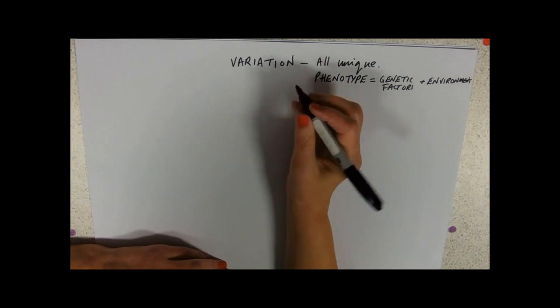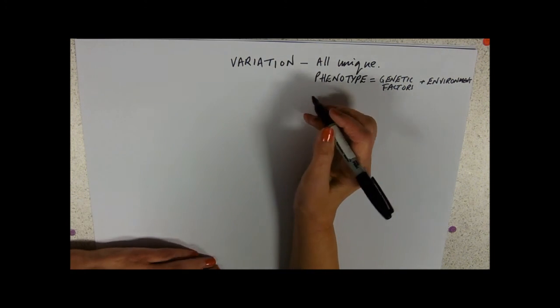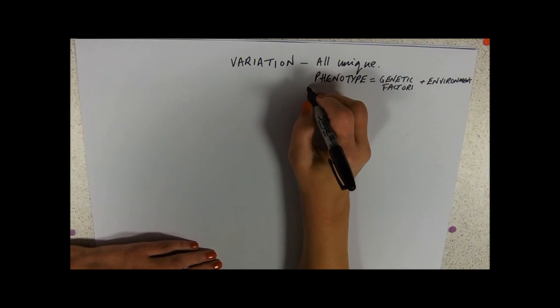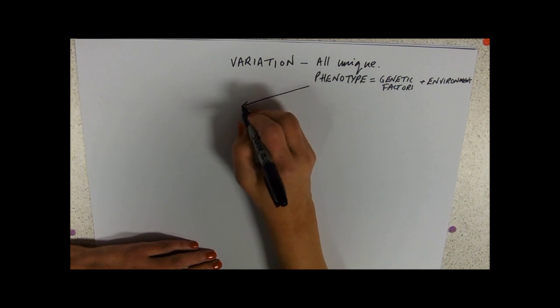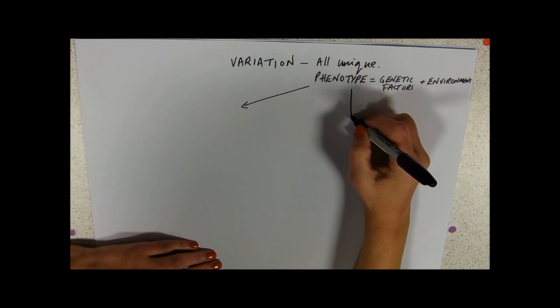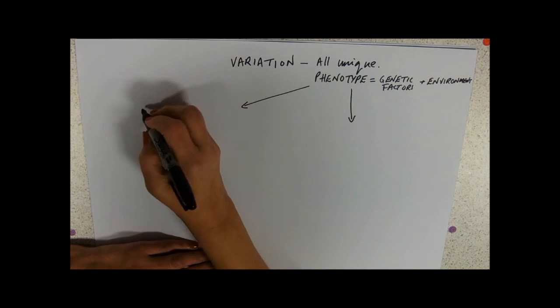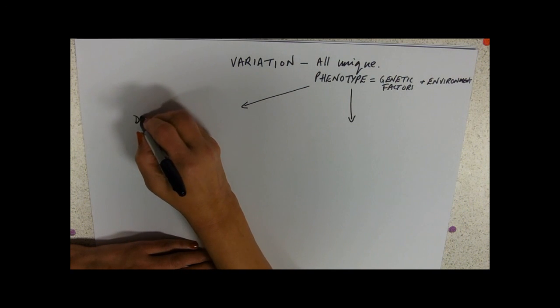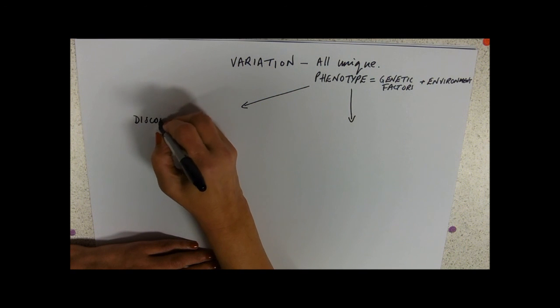So these phenotypes that vary, we can place into two distinct categories. The first one is discontinuous.